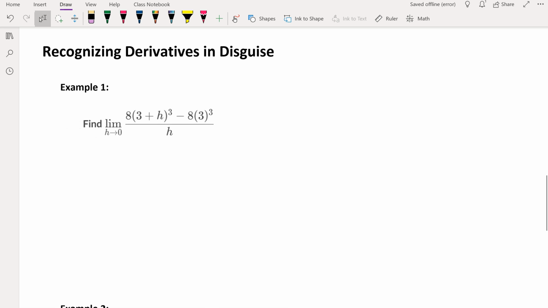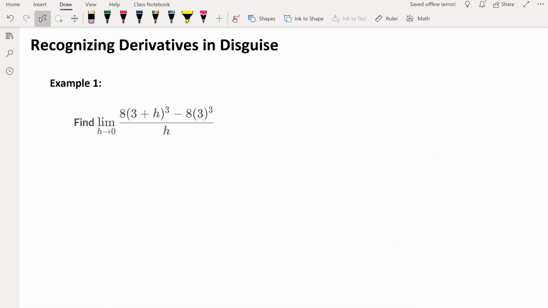You may recognize this limit notation. We have the limit as h is going to 0, and then we have 3 plus h on the inside. We're dividing by h. What does that limit look like? It should make you think of the limit definition of the derivative. So let me write this down.